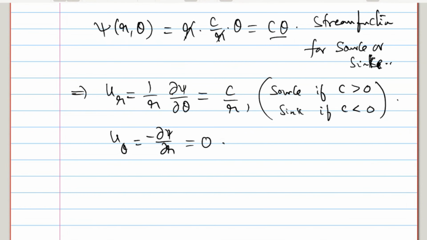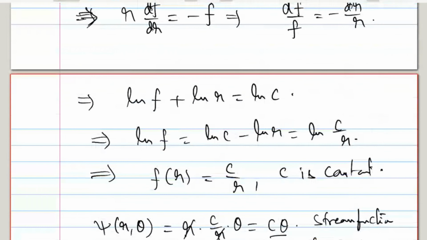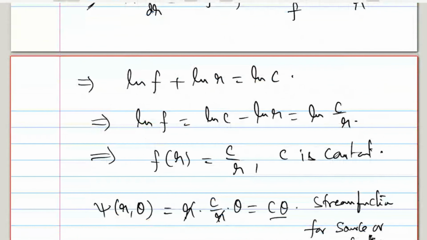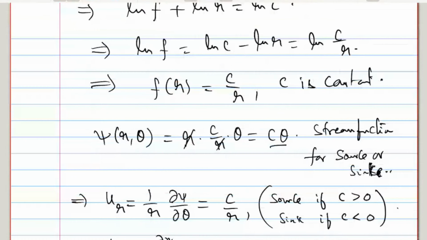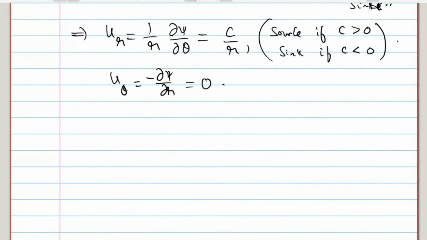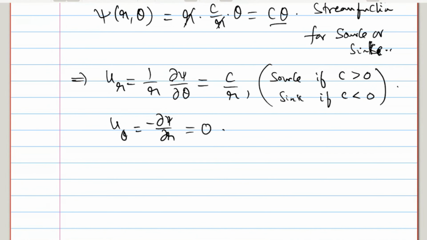Sink or source flows in basically two dimensions. So through the stream function we have defined, we are seeing these kinds of flow. Now what is the strength of this source and sink? If you want to see that, you can define something called... so you have some source, no?